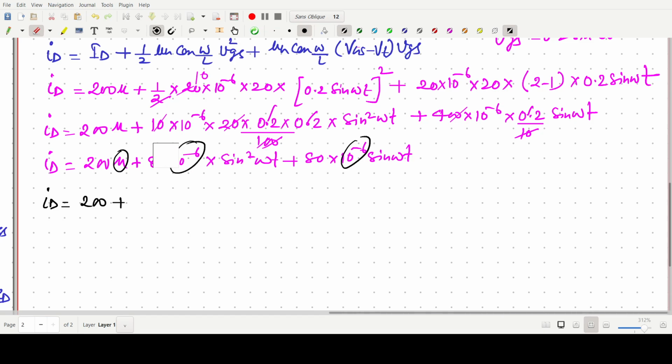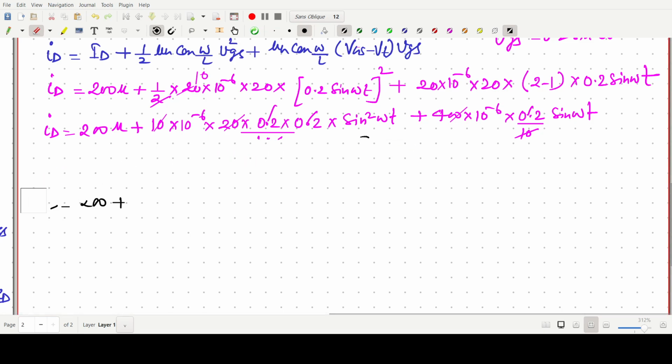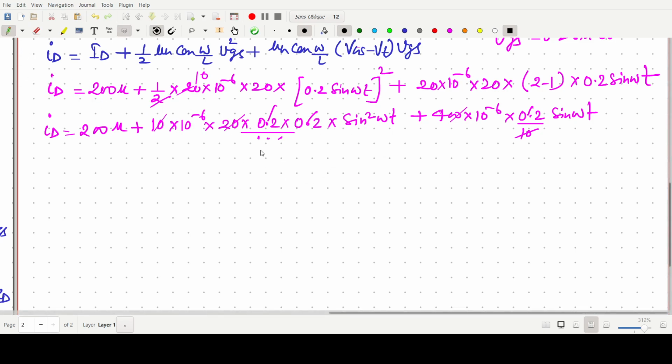Wait, I'm just doing it again. 1 by 2 into 20 into 0.2 into 0.2, so it should be 10 into 10 to the power minus 6 into 20. Okay, so is there any mistake?